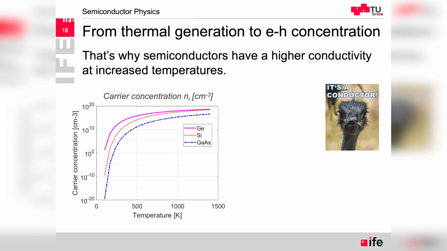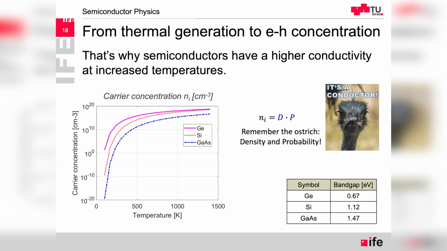At the moment, still simple, we can conceptually see that the concentration increases much faster in germanium than in silicon, and in gallium arsenide, even at high temperatures, the charge carrier concentration will always be the lowest. And that's because of the difference in the energy band gap.